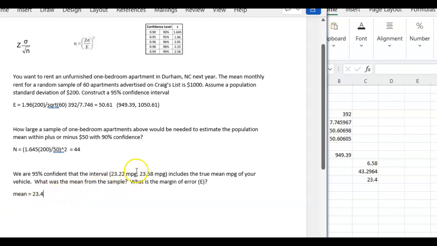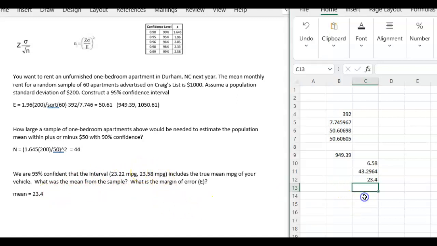So the 23.4 is right in the middle between these two numbers, and then to get to these two numbers, 23.22 and 23.58, we just subtracted the margin of error and added the margin of error. So we can determine the margin of error, for example, by subtracting 23.4 from 23.58 to see what value was added to 23.4 to get 23.58.